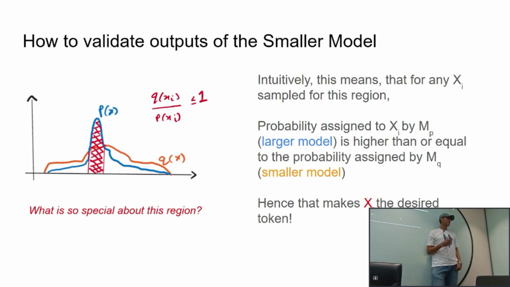This completely depends on how you sample from your smaller model. This is also a limitation. If you're doing max sampling and the token to which the larger model assigns a higher probability has a significantly lower probability in the smaller model, you will not sample it in the first place.